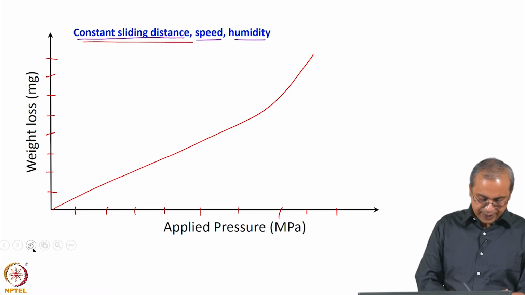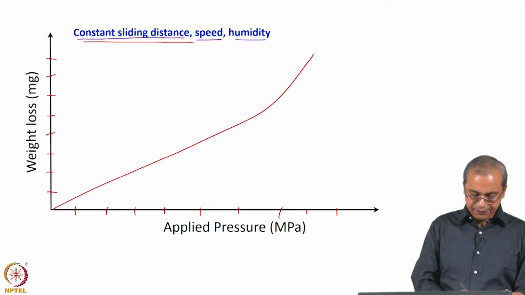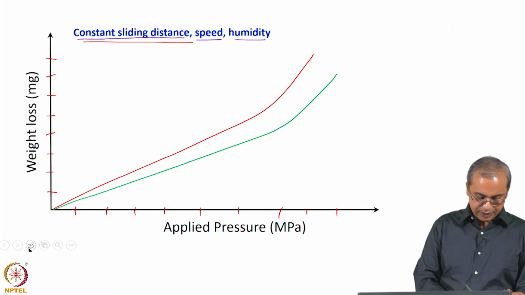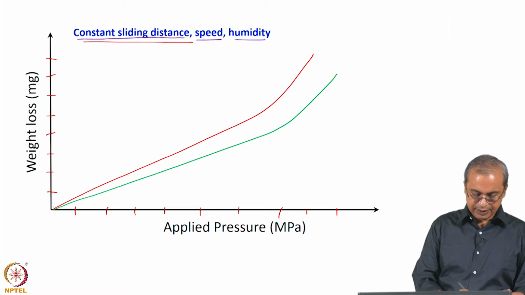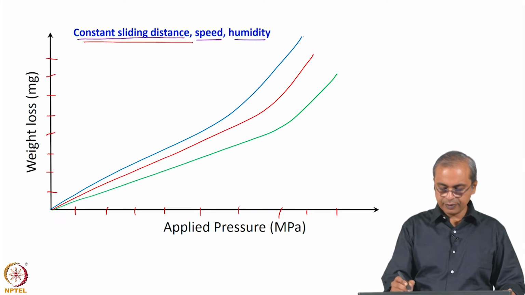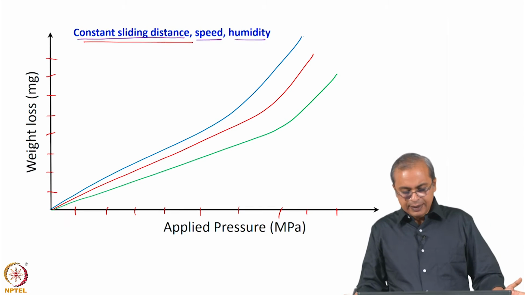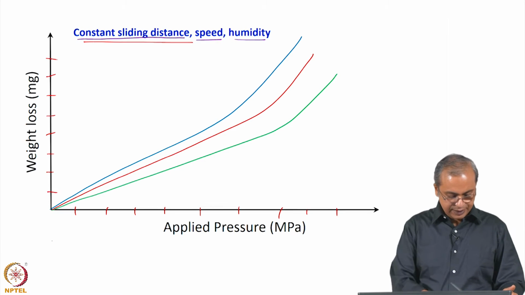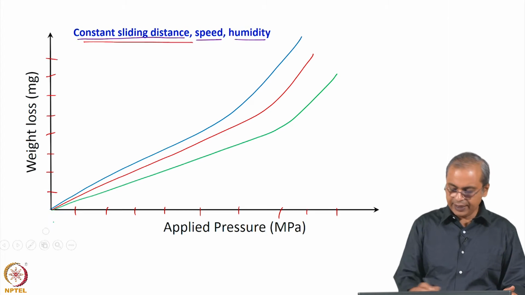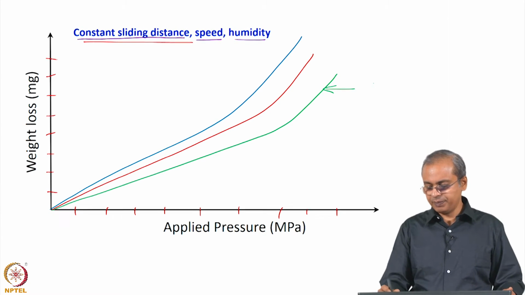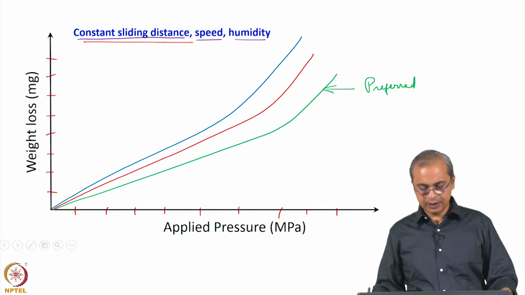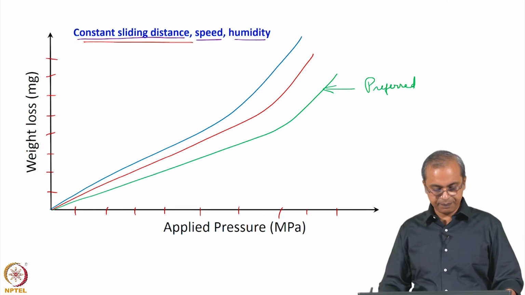Once again you are comparing samples: some sample looks like that and some other sample looks like that. In these three samples, clearly the green one is your desired sample, because it has less weight loss. This is what we are interested in.